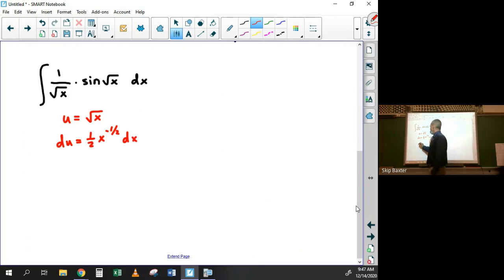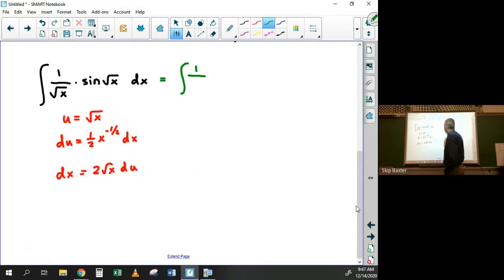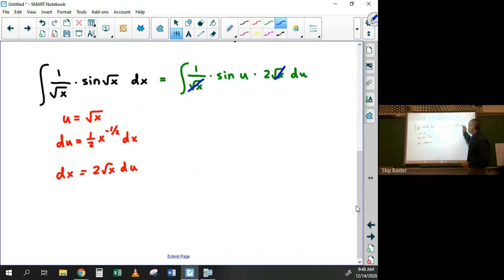So dx is equal to, now this is really 1 over 2 radical x, so this would be 2 radical x du. Right? Everybody okay with that? Now you substitute in, this is the integral of 1 over radical x times sine u times 2 radical x du. And you can see the radical x cancels with the radical x.